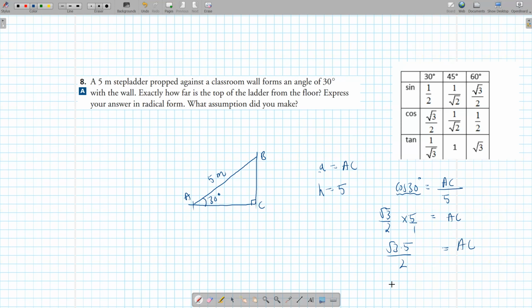Okay, now here's 10 points for you if you can answer this question. What assumption did you make to solve this problem?